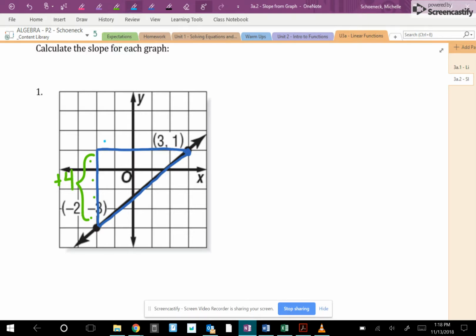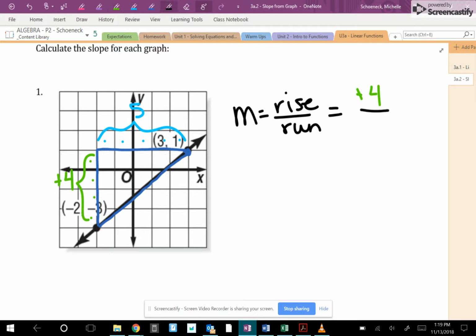And to the right, 1, 2, 3, 4, 5. So my slope, the rise over the run, is +4 over 5. I can't simplify that, so I know that my slope is just 4 over 5.